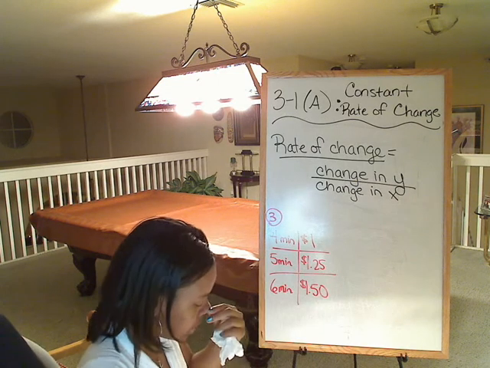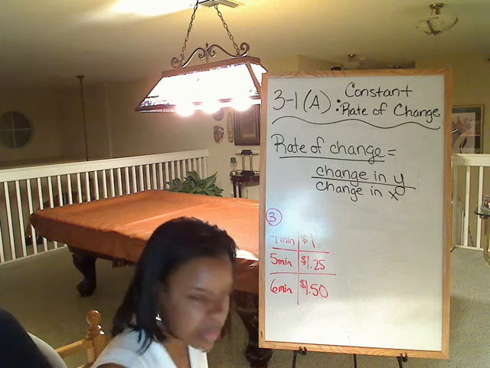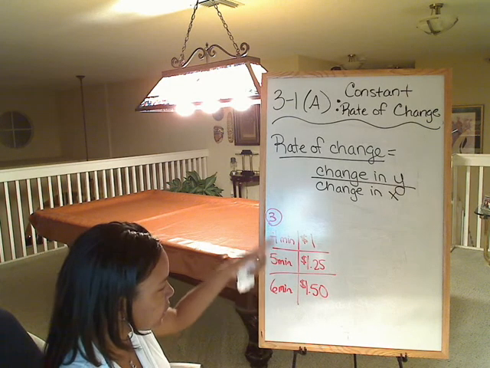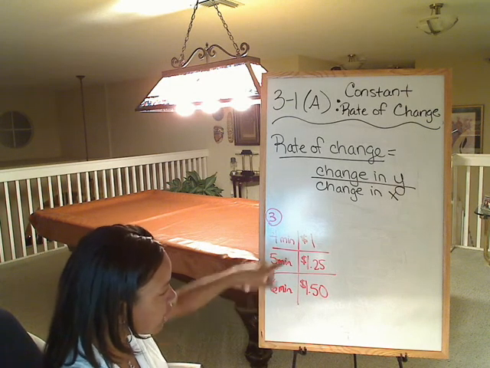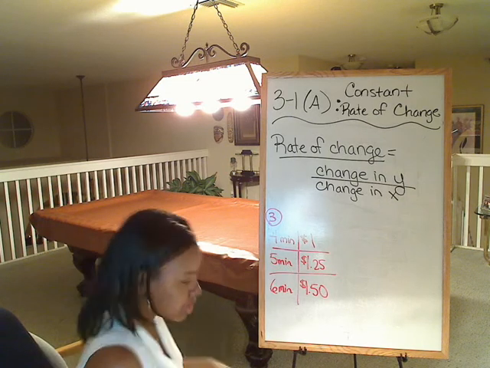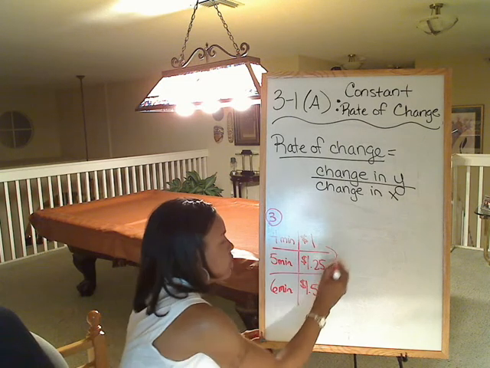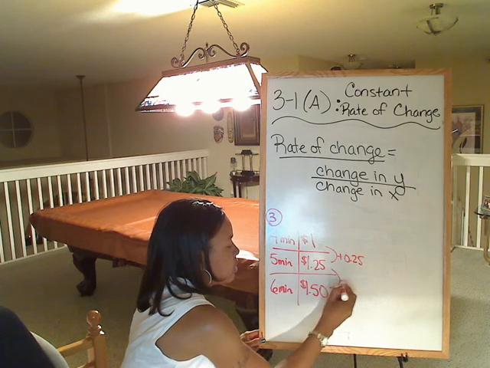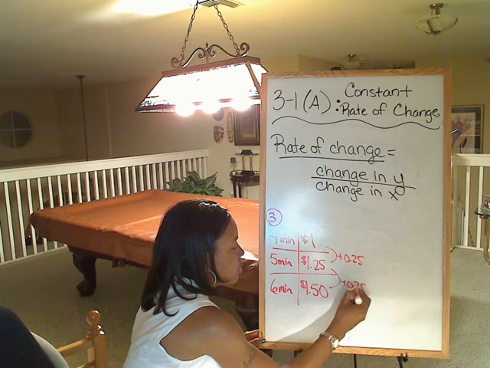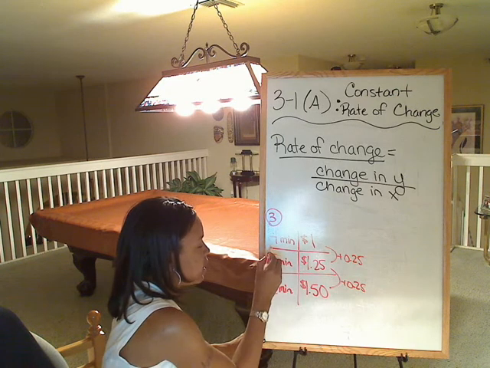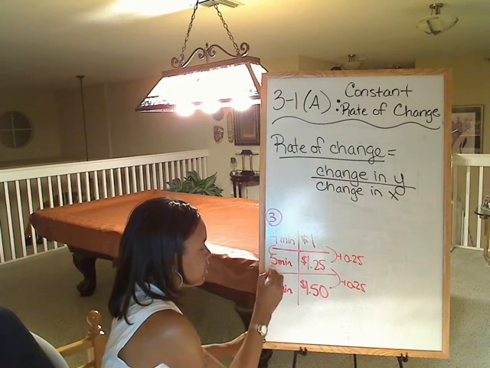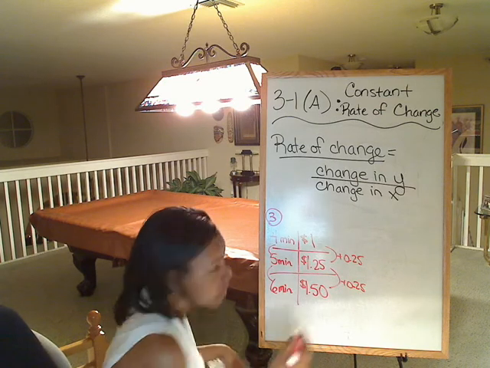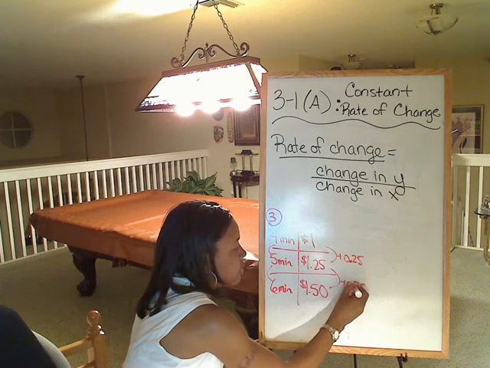Now when we look at those 3, what pattern do you see happening? Each minute, the cost is going up how much? 25 cents. For every minute that goes up, the cost goes up 25 cents, 0.25.